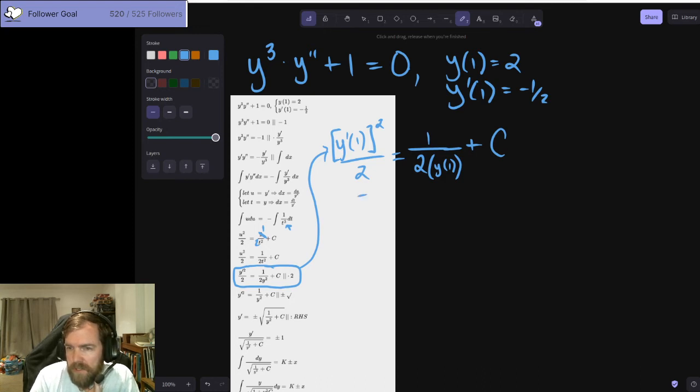So this is going to get us a negative 1/2 squared is a positive 1/4, divided by 2 is going to be 1/8, equals 1 over 2 times 2 plus c. That's going to be 1/4 plus c. So your c value should be a negative 1/8.